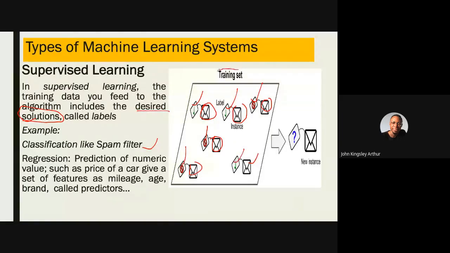So this is the training data set that we are going to use to train the model. Now, when you give this as the training set to the machine learning algorithm, we now have the model. So now you introduce a new instance to the model. The model is supposed to look at this new message and tell us, is this a ham or a spam?